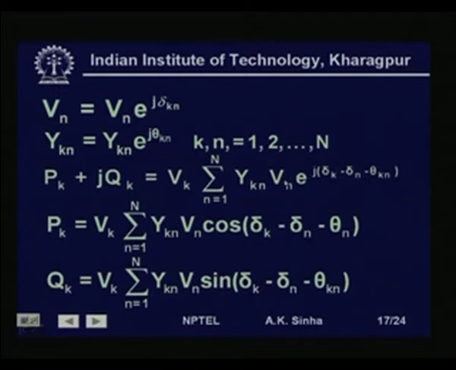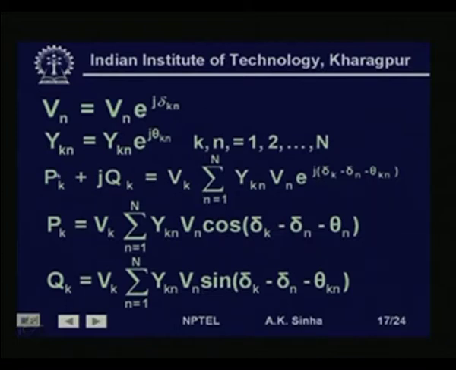Conjugate means the magnitude remains the same and the angle becomes negative. So minus delta n, and Ykn we write with an angle minus theta kn, because this whole term is a conjugate. So these angles delta n and theta kn are negative.